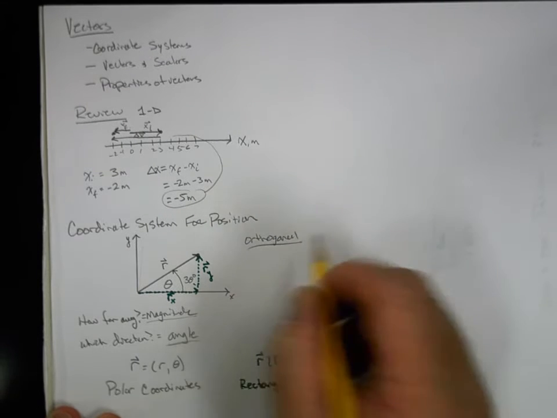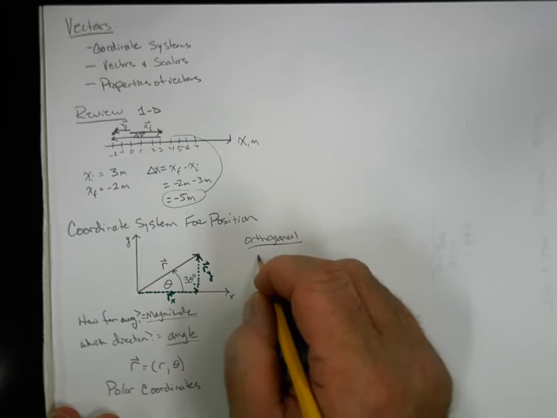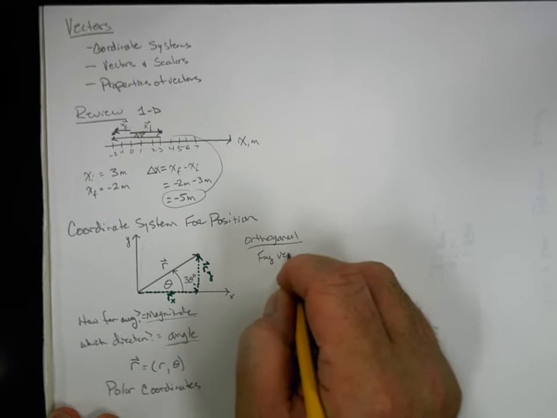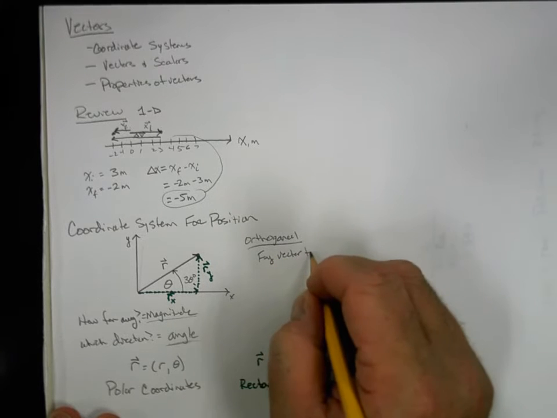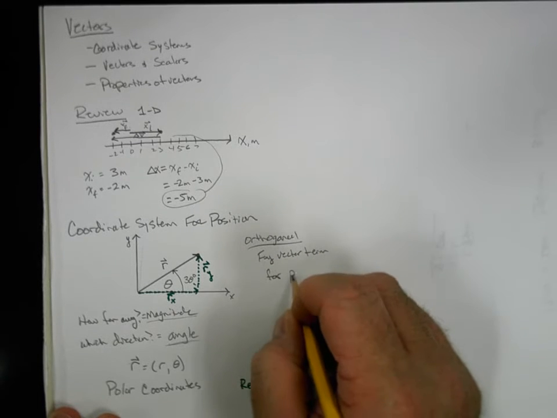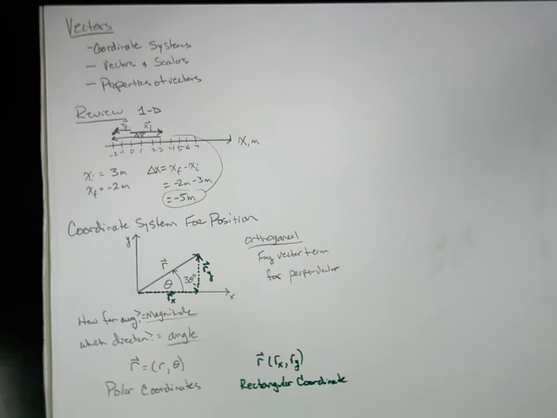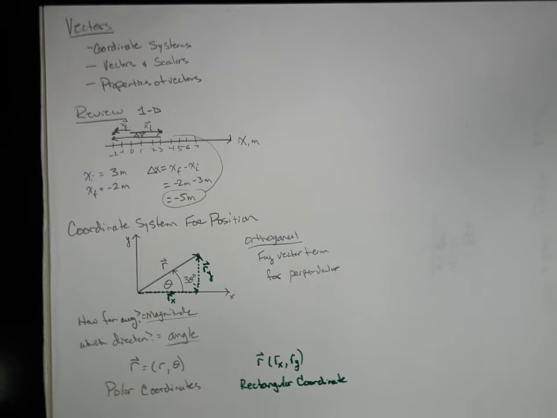Orthogonal is a fancy vector term for perpendicular.